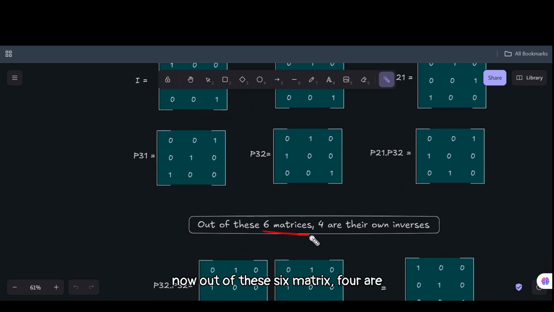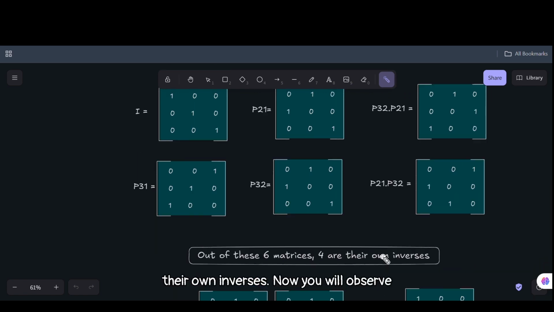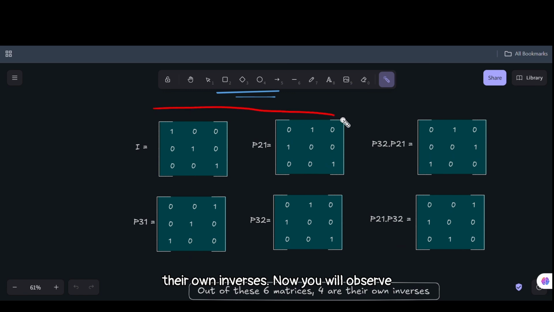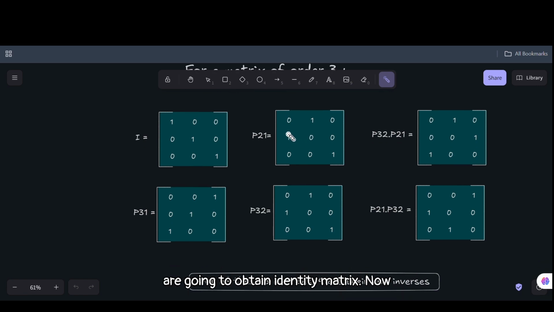Okay, now out of these 6 matrices, 4 are their own inverses. You will observe here that the matrices that we have obtained through single row operation are their own inverses. That means if I multiply this matrix with itself, we are going to obtain the identity matrix. Now why so? Because let's assume I have swapped row 2 with row 1, right?